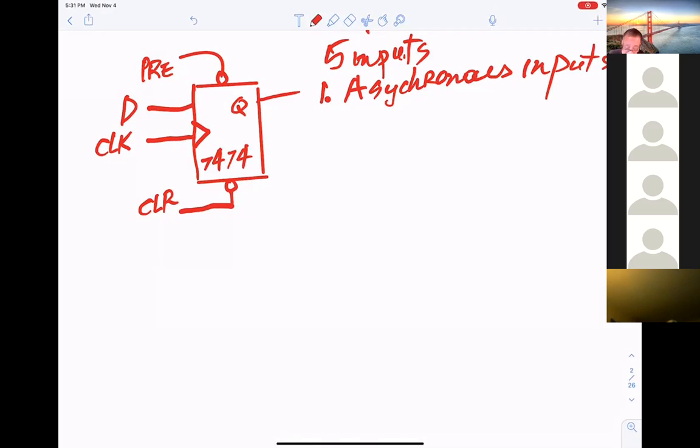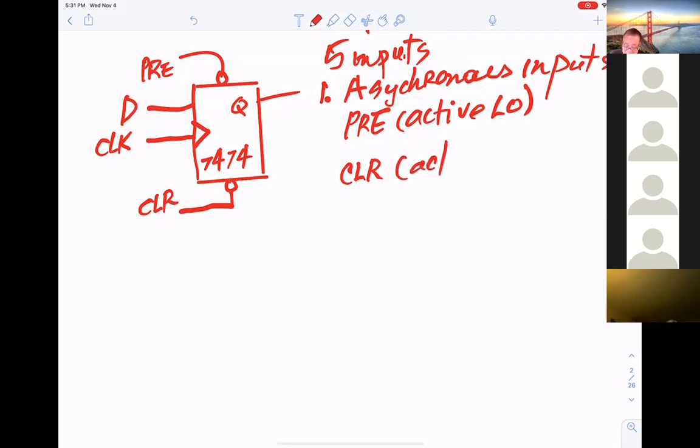That will be preset, active low. And also CLR, clear, active low.